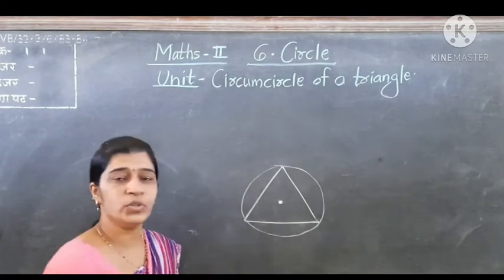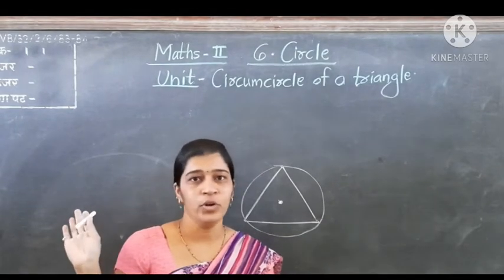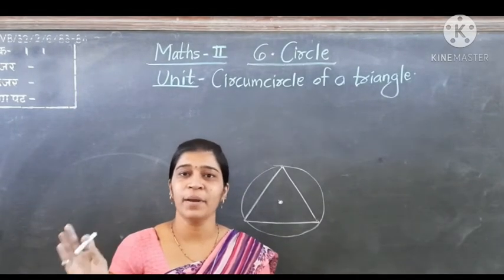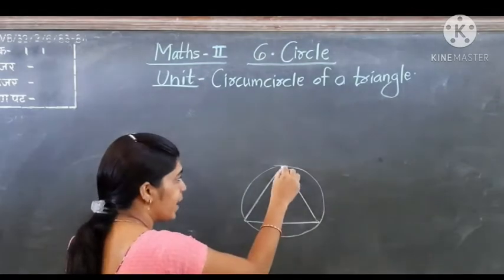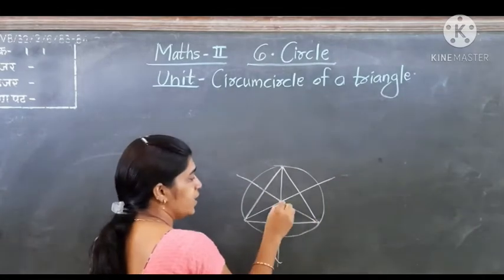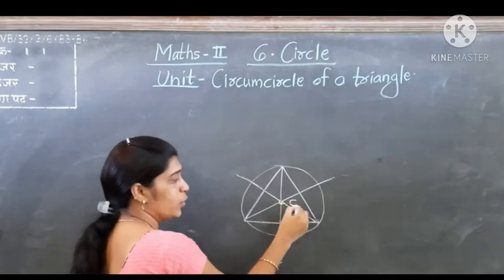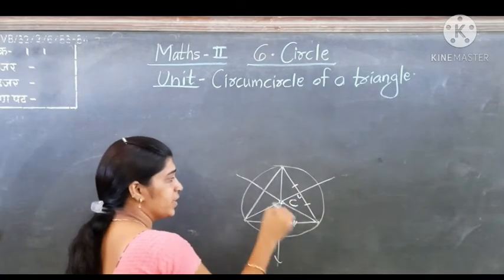Here we use the perpendicular bisectors of the triangle. We know the property: all three perpendicular bisectors of a triangle are concurrent. See, we drew the perpendicular bisectors of this triangle. These are concurrent. We name this point C.